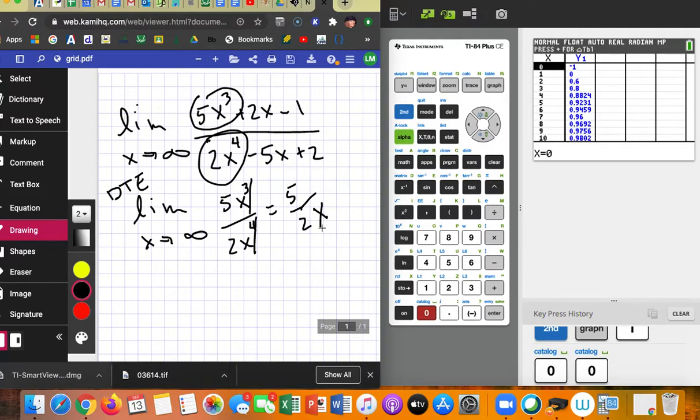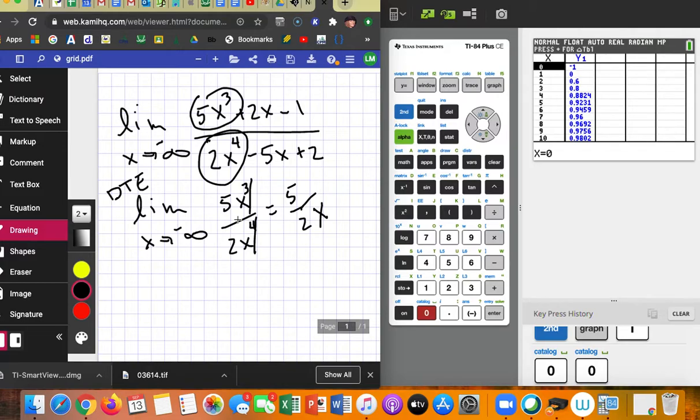Let me visualize what's happening. As x is getting really, really large, and let me think of it in terms of negative infinity, as x is getting really large in the negative direction, like -1,000,000, I'm going to have 5 divided by -2,000,000. Well, that's really close to 0.